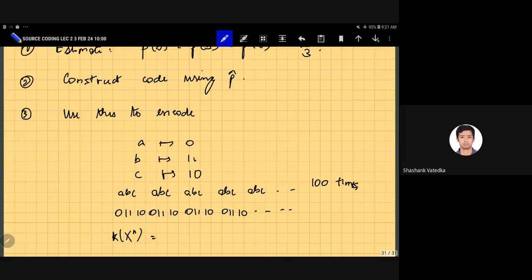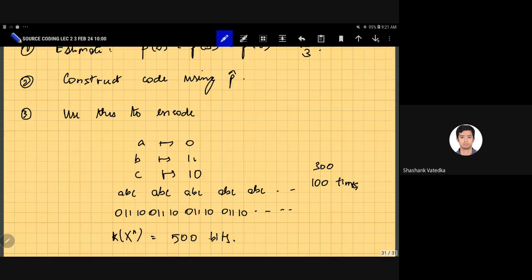Right? So each ABC requires a total of 5 bits to represent. So there are actually 300 source symbols, and you would need 500 bits to represent this. Right? So the length is 500 bits. Now, is there a better way to do this?